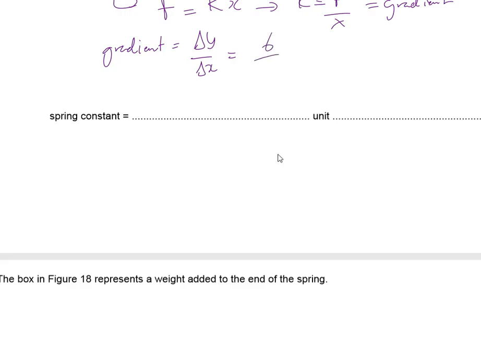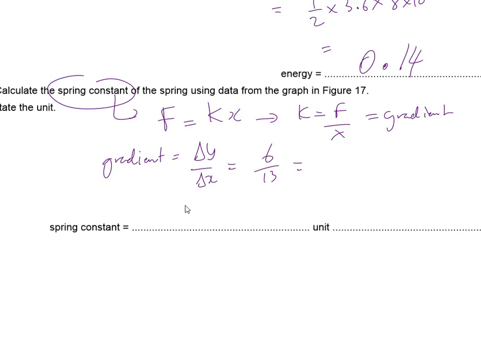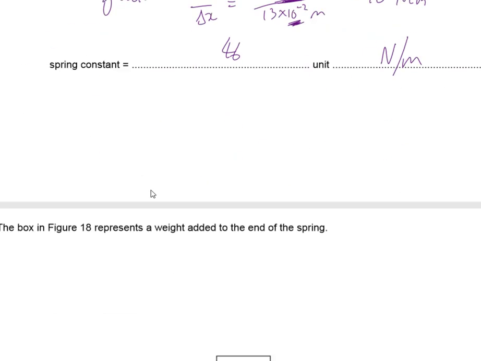So 6 over 13. Now remember, this needs to be converted to meters, so times 10 to the power minus 2. I got 46, so I'll say 46. The unit is force on top over meters, so Newton per meter. There we go, that's an easy question.